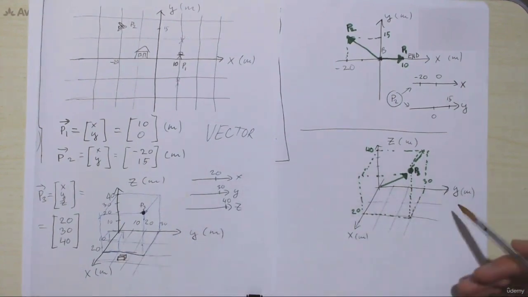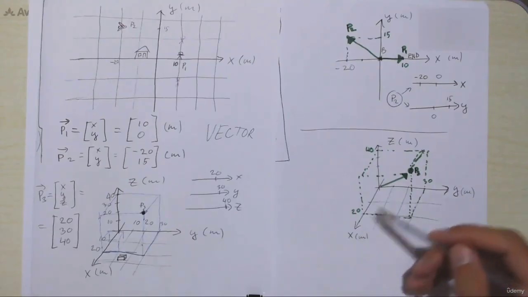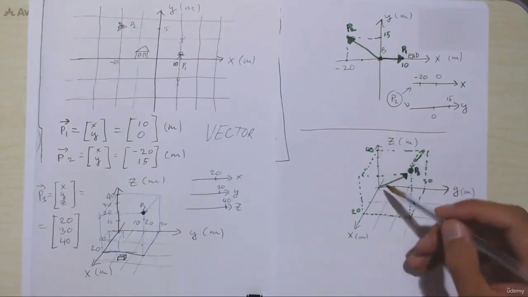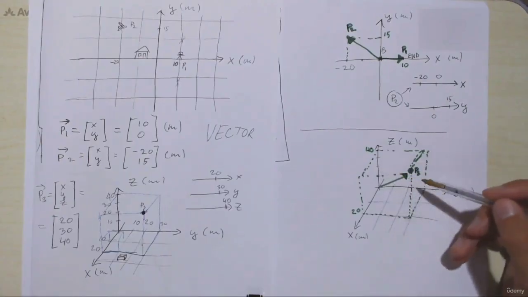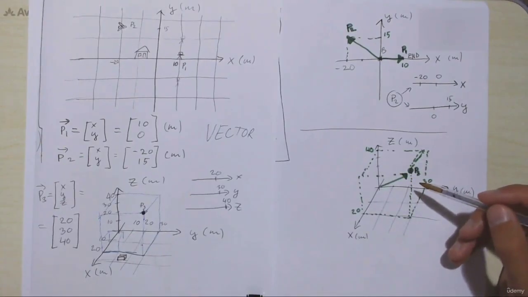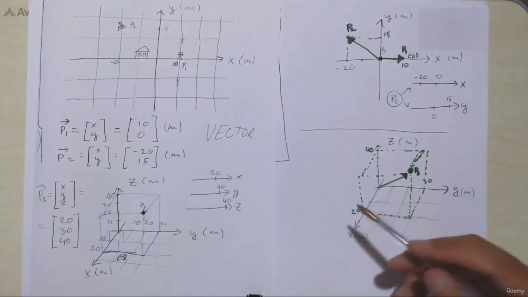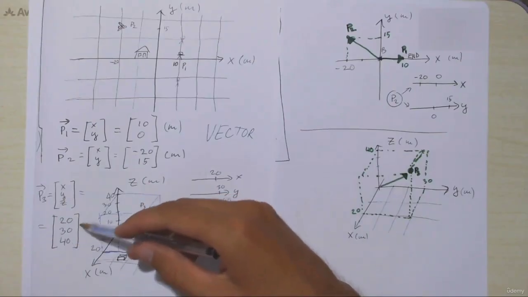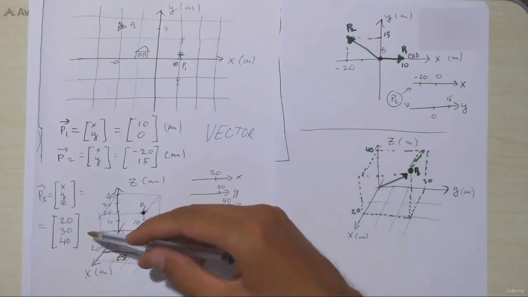Here you just have three perpendicular number lines to each other. They don't represent the world. They're just three number lines put perpendicular to each other so that you could somehow graph a vector geometrically. And again, the position 3 had 20, 30, and 40 in the x, y, and z direction.